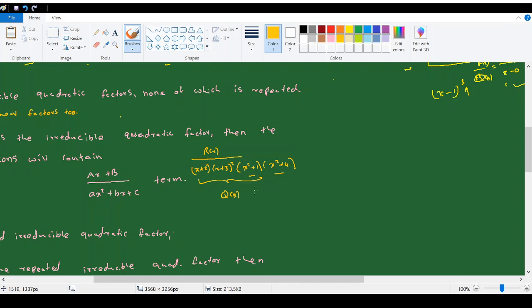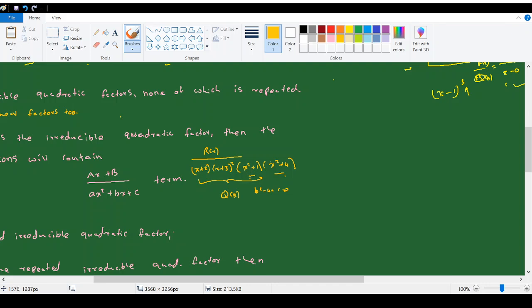You can check the b squared minus 4ac condition, and you will see that the b squared minus 4ac term is negative in both these quadratic factors, so it becomes irreducible.